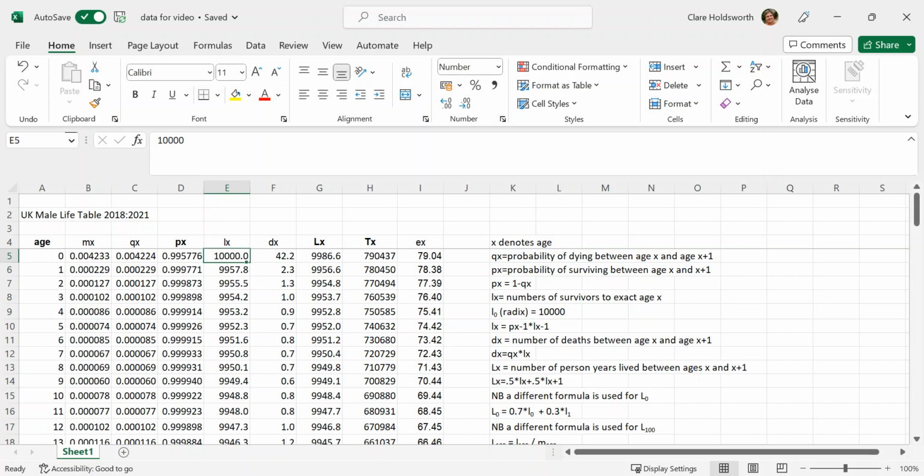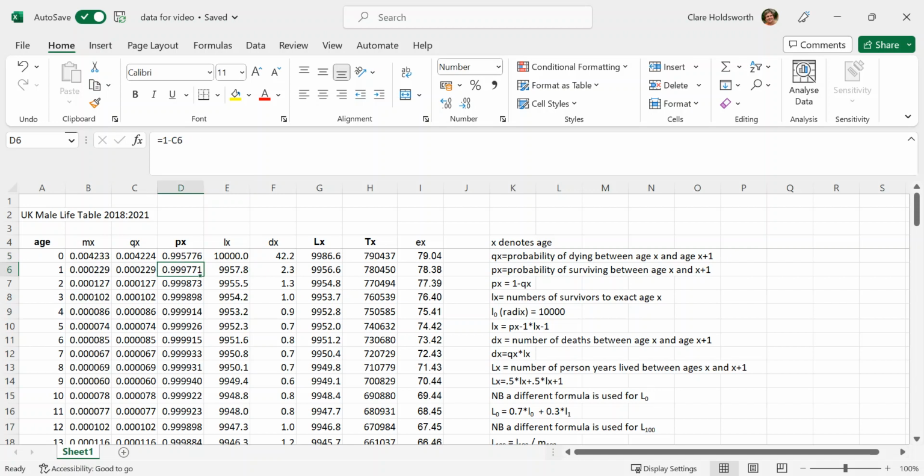This first value of L0 is called the radix, and that's just a number we impute. For convenience, we always use a value of either 10,000 or 100,000. In this particular example, the radix has been set to 10,000. So what we've done is we've taken our synthetic population of 10,000 people and applied the probability of surviving the first year of life, and that gives us the number of people alive at age 1.